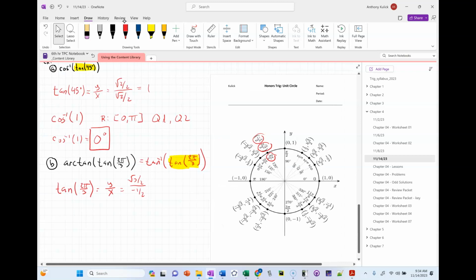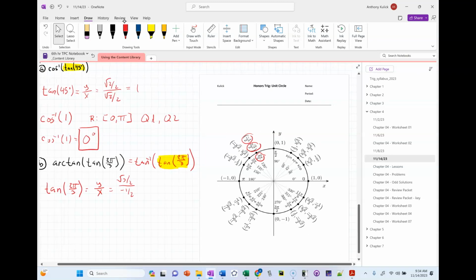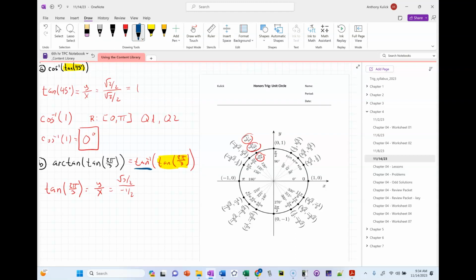Now, I could reduce that, but I'm not going to bother with it, because what is the outer part of my function here? Tan inverse, where I want the actual x and y's there. So remember, the range for tan inverse is negative pi over 2 to positive pi over 2.